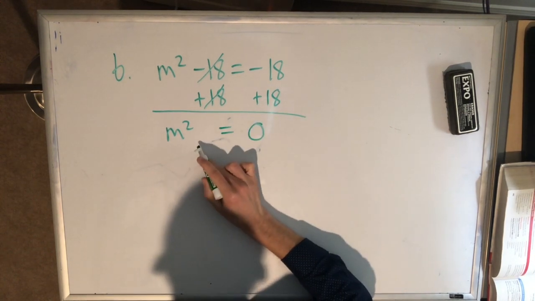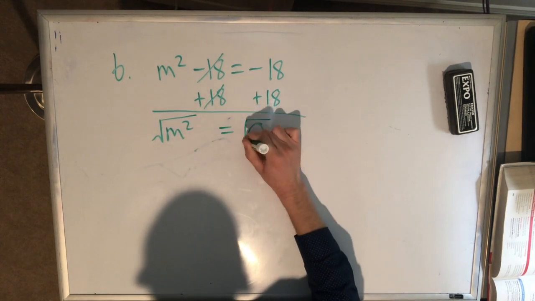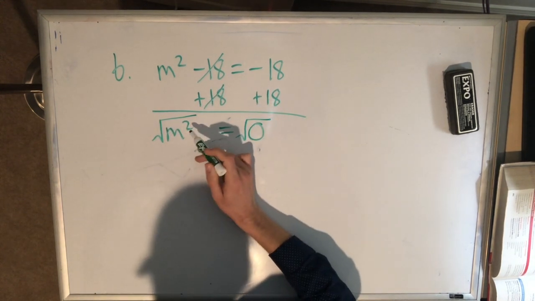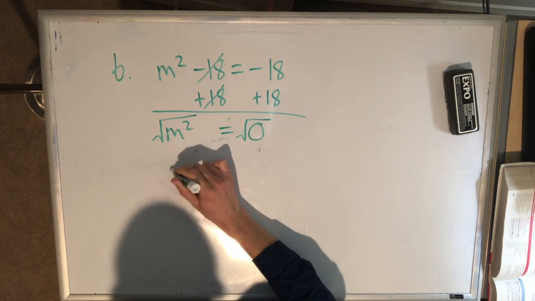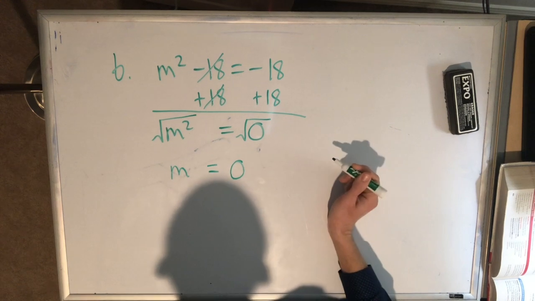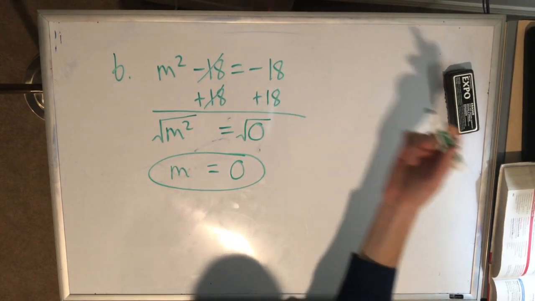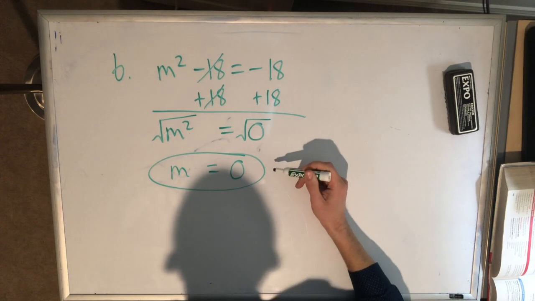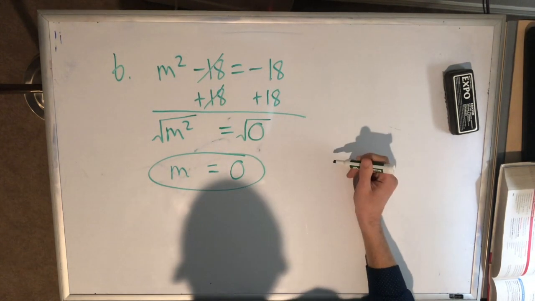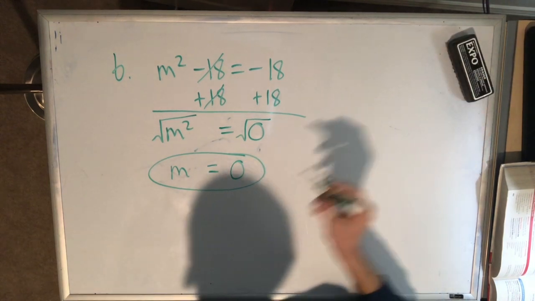The variable squared has been isolated, so take the square root of each side. Square rooting cancels out the square. We're left with m, and the square root of 0 is 0, since 0 multiplied by itself is 0. So we get m equals 0. And you can check your answer by substituting in 0 for m in the original equation and seeing if you get the true equation, which you would.